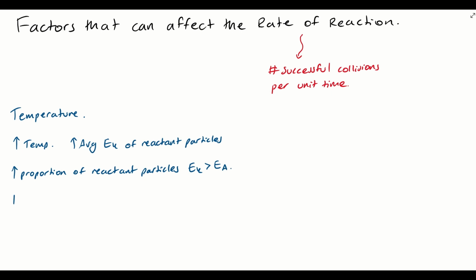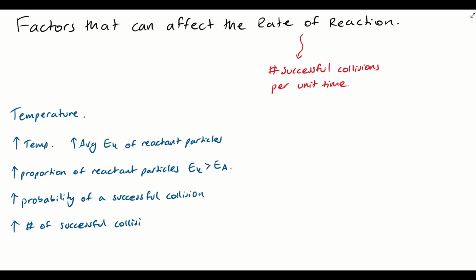Okay, which therefore increases the probability of a successful collision, which increases the number of successful collisions. And an increase in the number of successful collisions means we're increasing the reaction rate. So if we increase the temperature, we're going to increase the reaction rate.